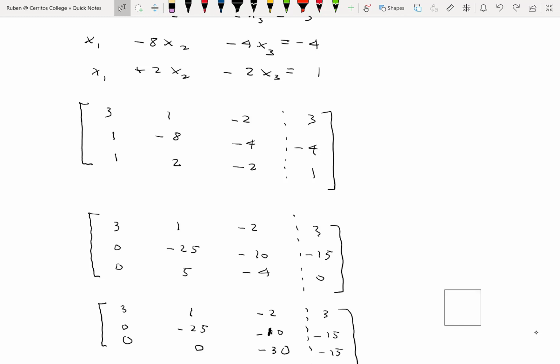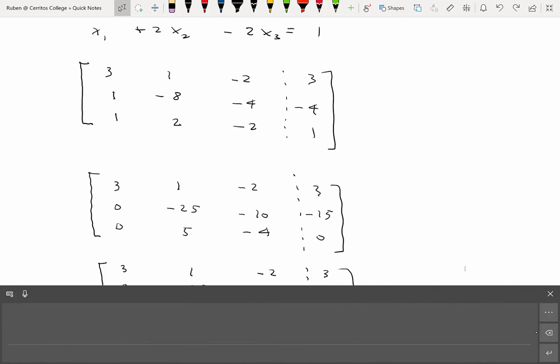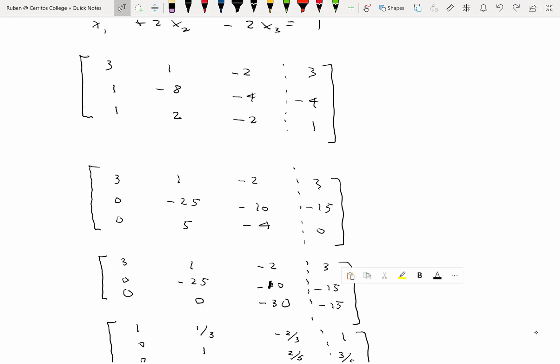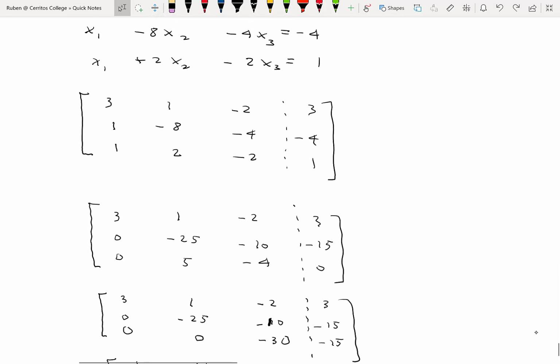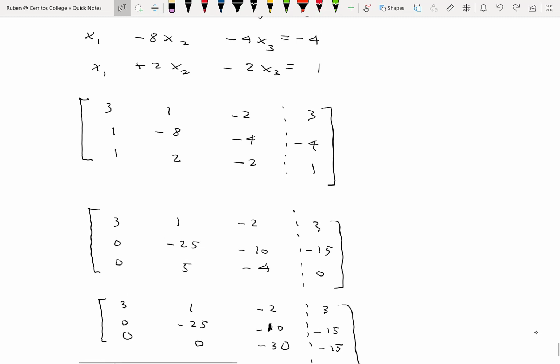The next step then is to get zeros, actually the next step is not to get zeros anywhere. The next step is to not worry about what's above negative 30. If there were entries below negative 30, we would like them to be zeros, but we're not worrying about what's above leading ones. So the final step is to get leading ones.